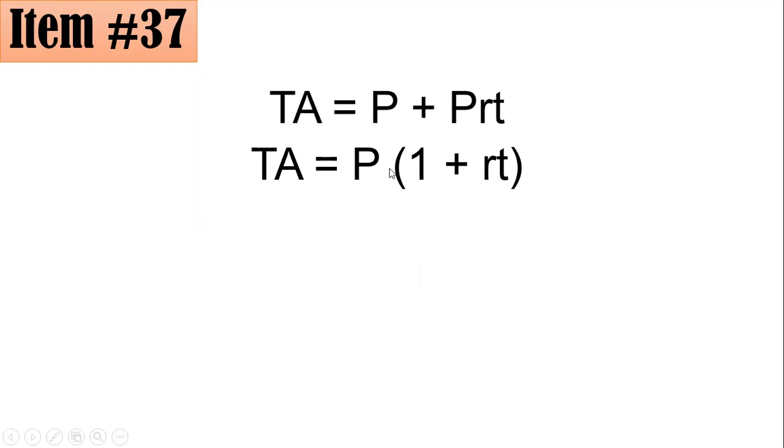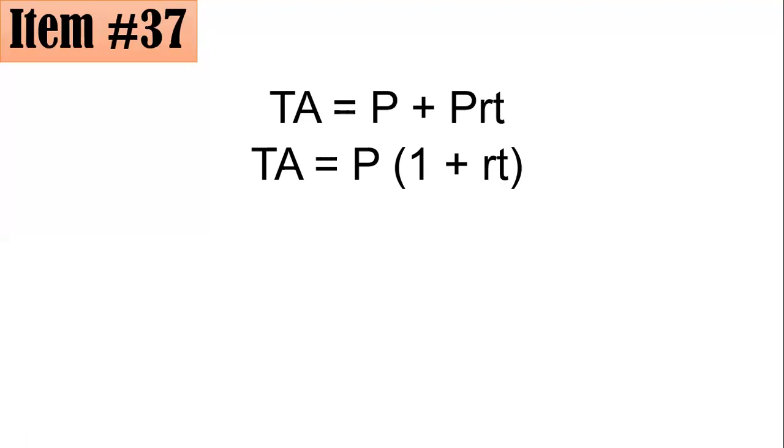P divided by P is 1. That's why I have 1 here. Plus PRT divided by P gives you RT. That's why TA equals P times the quantity 1 plus RT. However, we are not yet done.